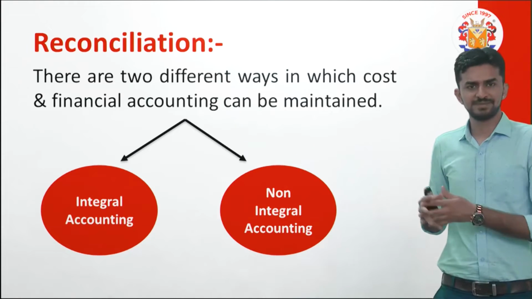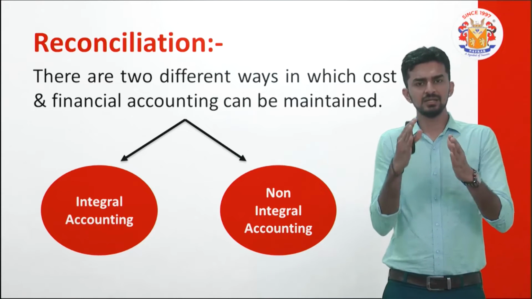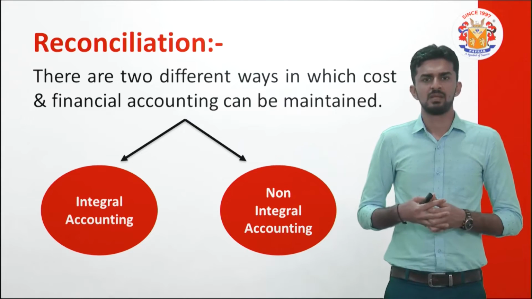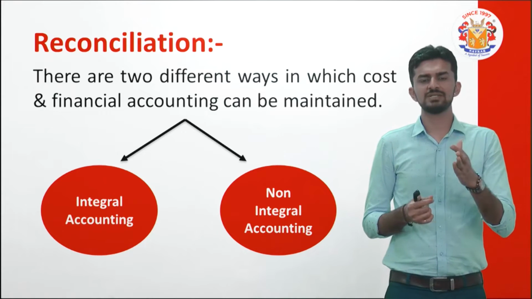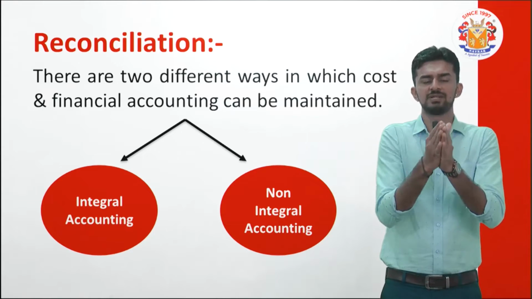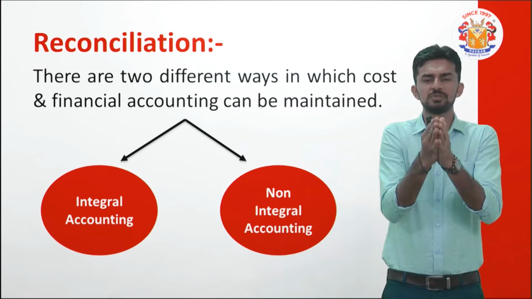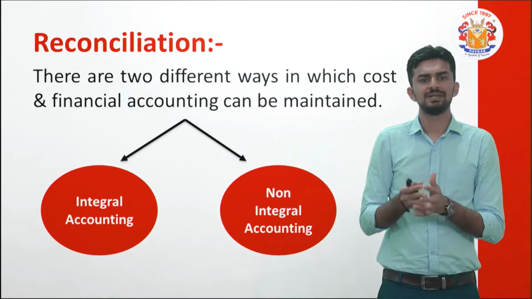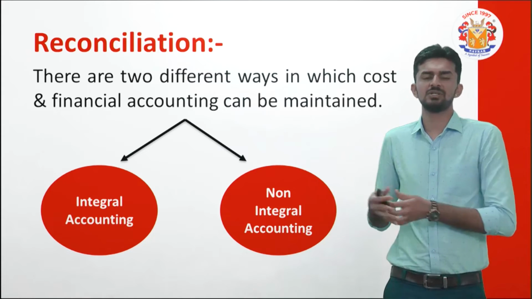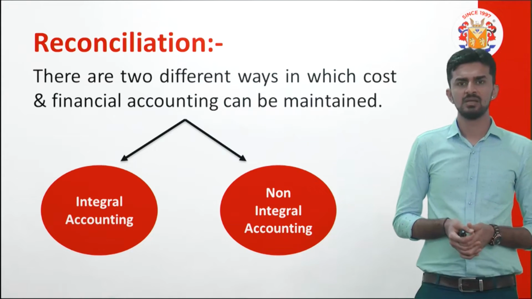What is non-integral? Exactly opposite to integral. In integral accounting system, we combine cost and finance. We combine their principles. We maintain only one book of account. Exactly vice versa is the non-integral accounting system.